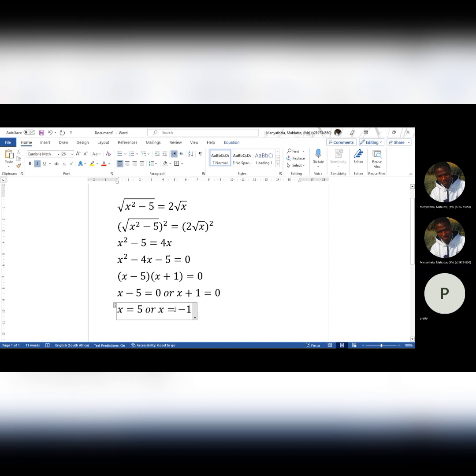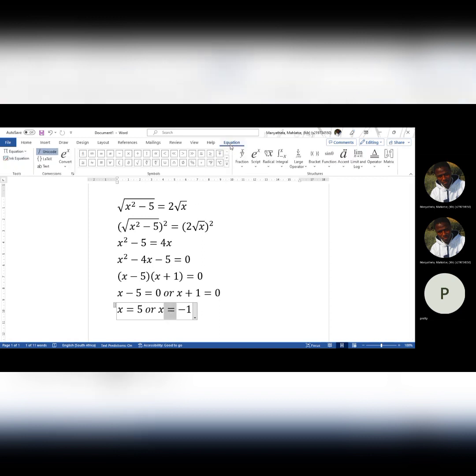If you do it on the calculator, you say the square root of 5 squared minus 5 equals 2 square root of 5, which is the same as 2 square root of x. Okay, so let's take negative 1, all squared minus 5: math error. So this one is not applicable.